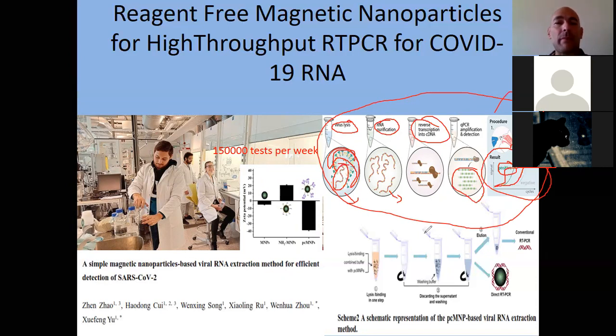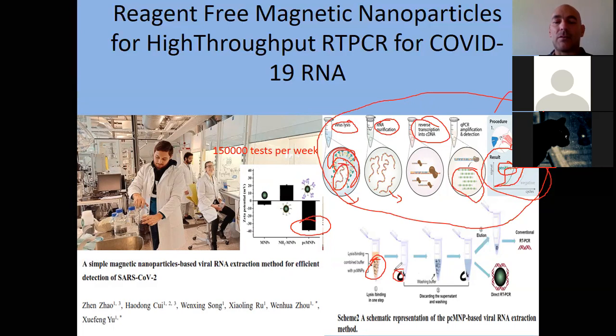So using magnetic nanoparticles is very easy. You can use the same lysis buffer and then collect the RNA into this tube. Because your nanoparticles are negatively charged, they bind to the RNA, okay? And now you can use a magnet.